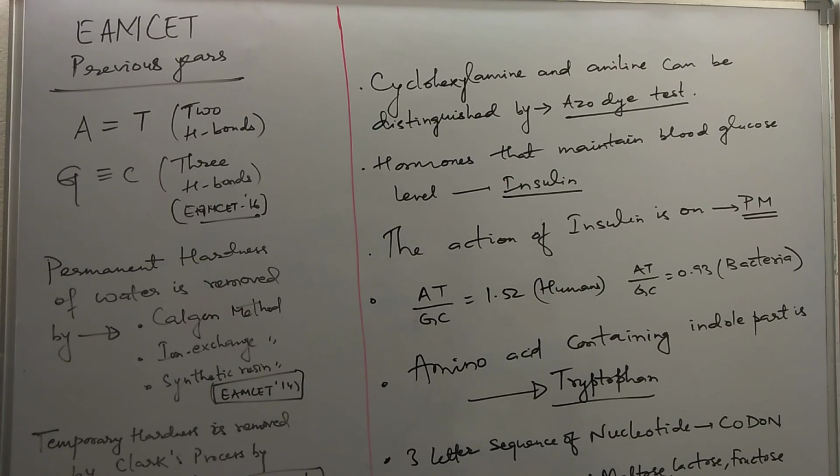The three-letter sequences or triplets of nucleotide bases are called codons. A particular codon is for a particular amino acid. There is an initiation codon which starts protein synthesis, and there are three stop codons which stop protein synthesis, like UAA, UGA, UAG.